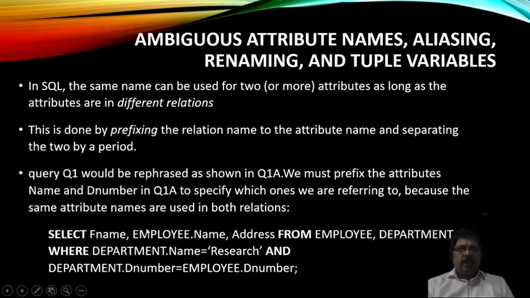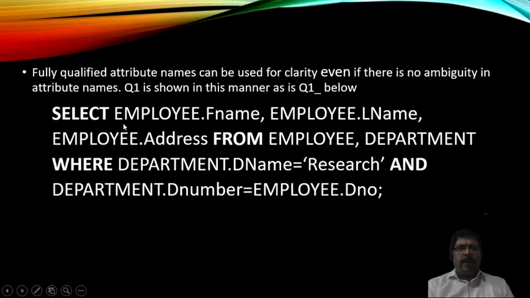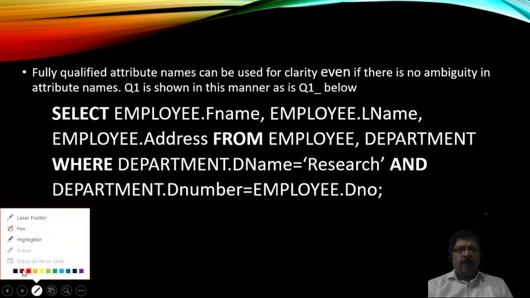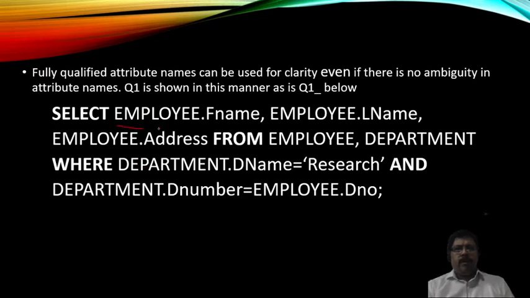While prefixing, you can simply use, for example, employee.fname and employee.lname. Similarly, suppose the department number D number is common to both the employee and department tables. In those cases we can specify it with the alias name, relation name or table name, that is department.dnumber or employee.dnumber.